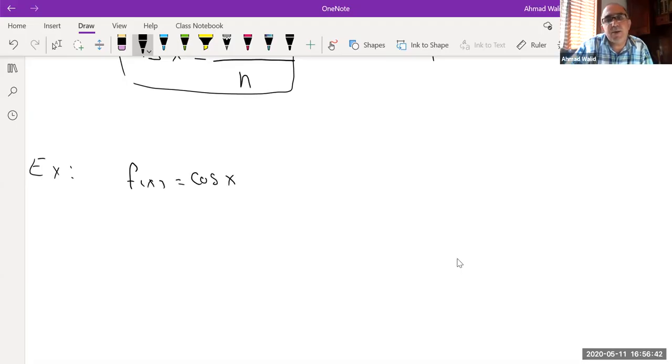They are asking you to find the area under the graph of cosine in a closed interval 0 to pi over 2. I want to calculate this area for you using 4 rectangles.